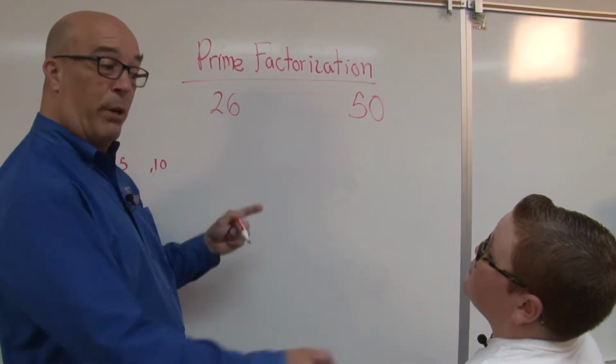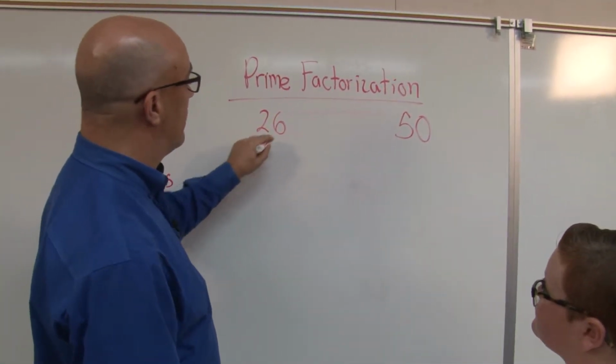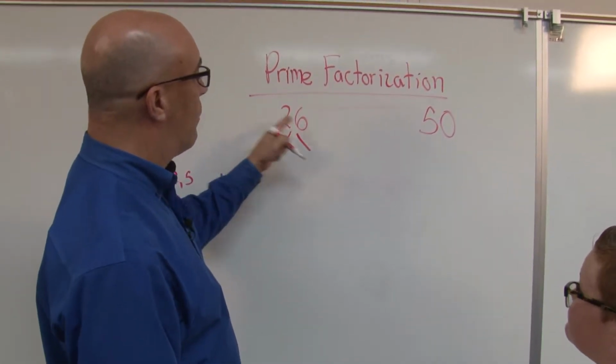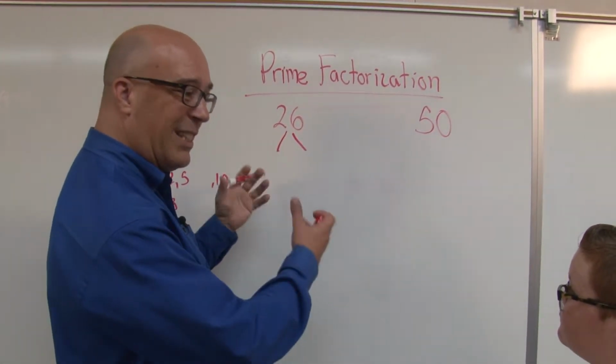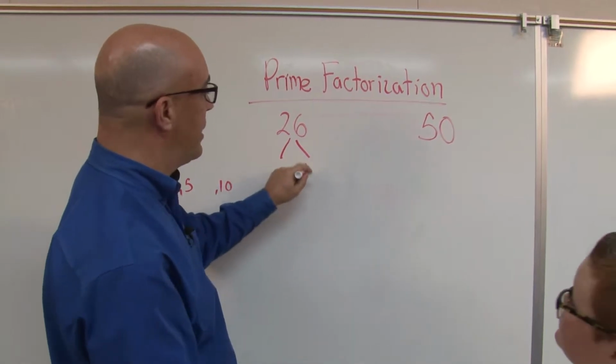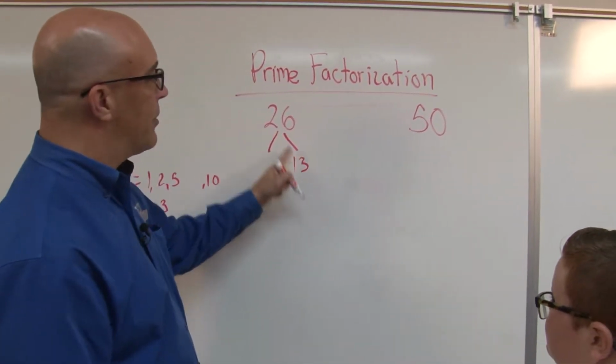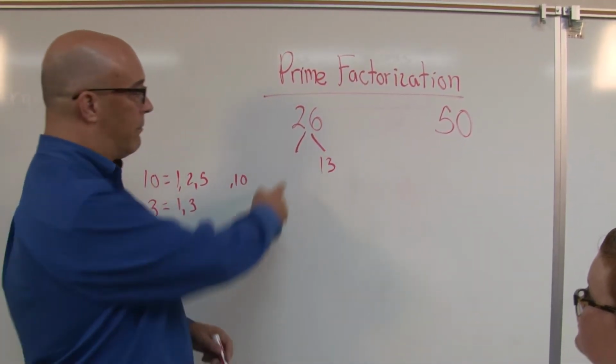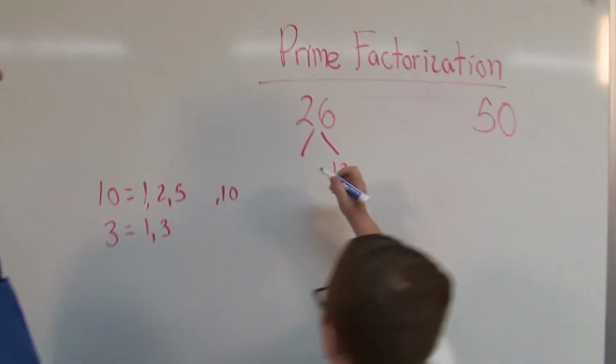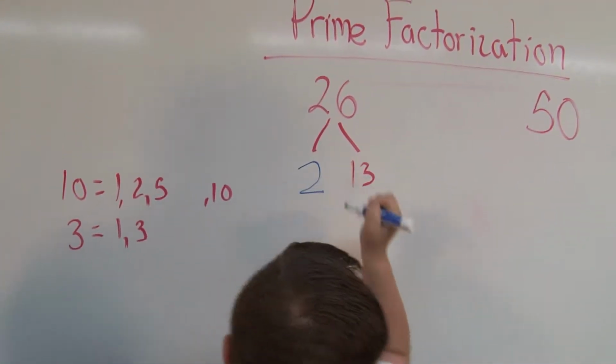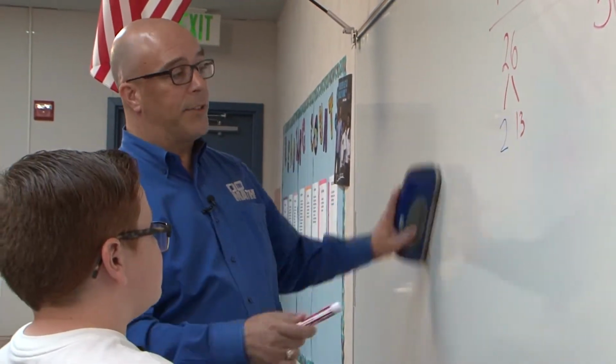13. Perfect. We know 1 and 26, but we want something different than 1 and 26. So you said 13 goes in there. How many times does 13 go in there? 2. Go ahead and put the 2 right there. Then we extend and see if these can be broken down further.